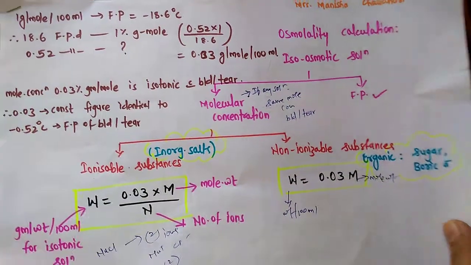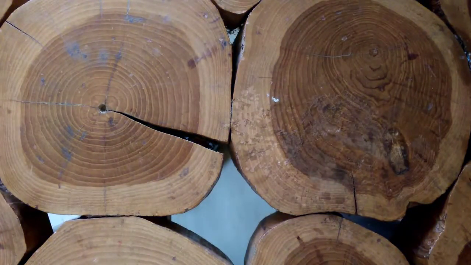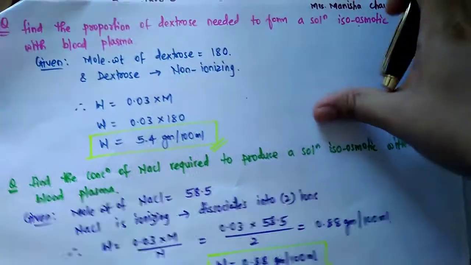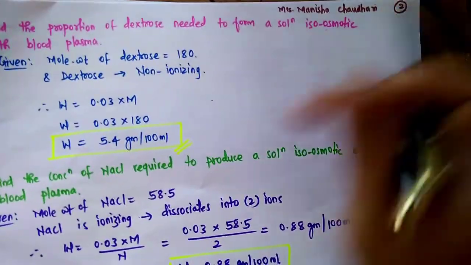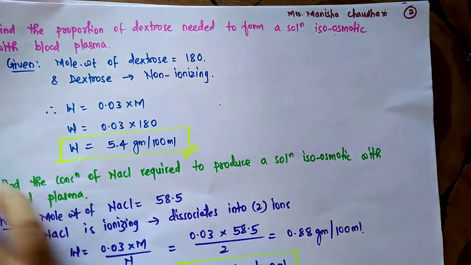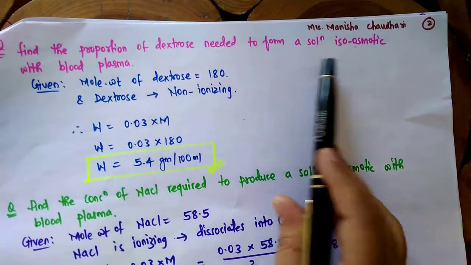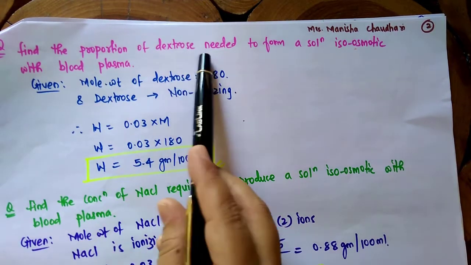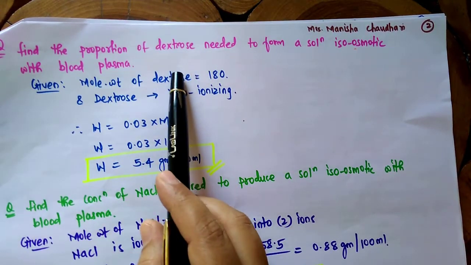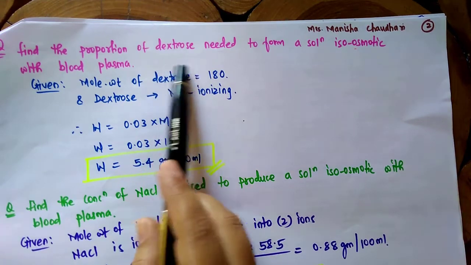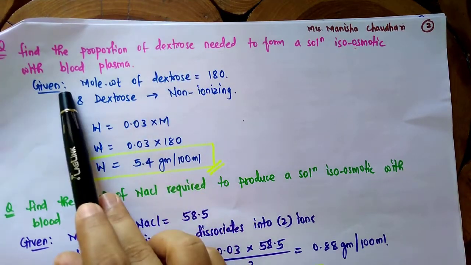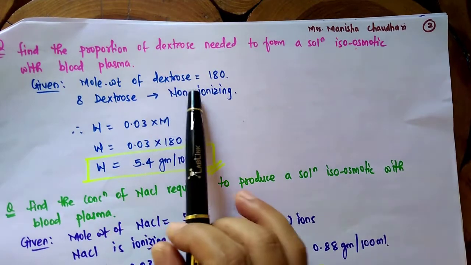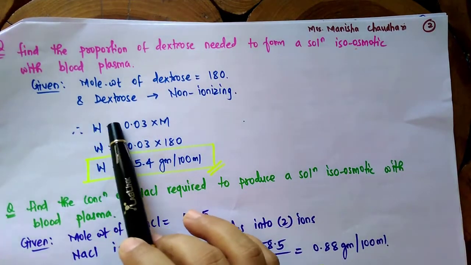Now with respect to these formulas, we will see some examples. First is to find the proportion of dextrose needed to form a solution isoosmotic with blood plasma. Dextrose, as you all know, is non-ionizable. The molecular weight of dextrose is given as 180.